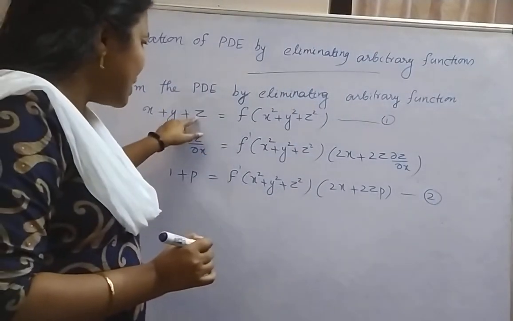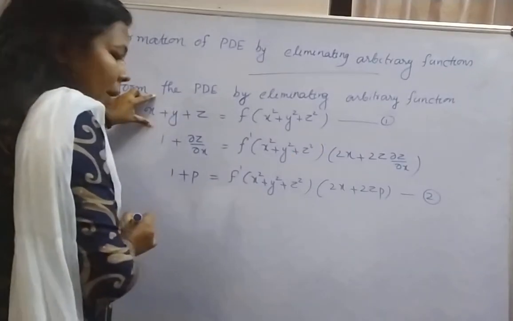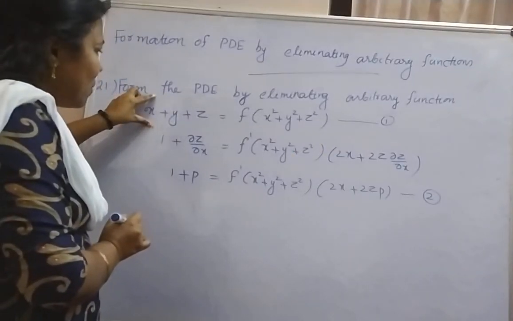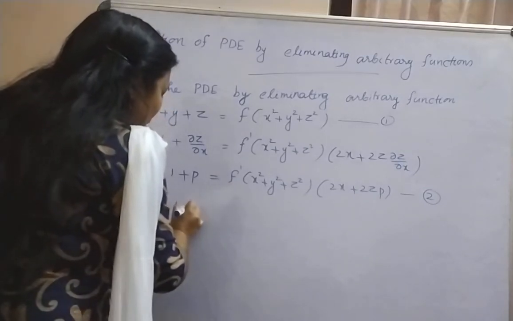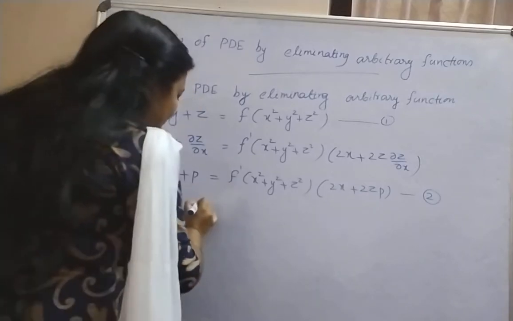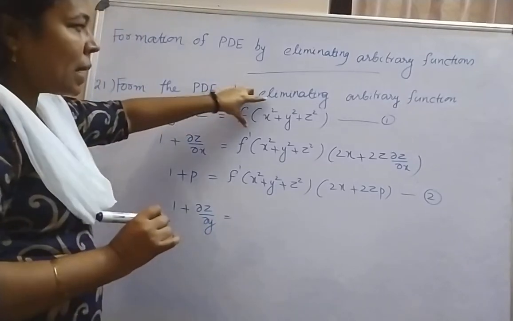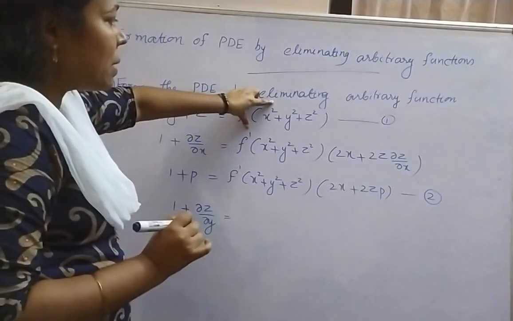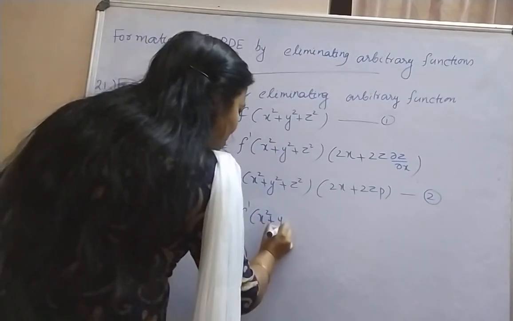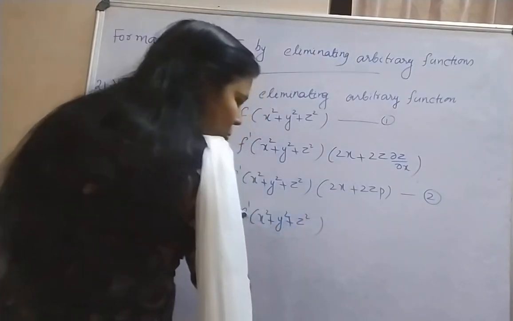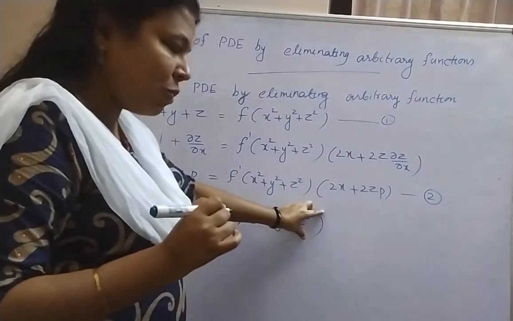Then partially differentiating equation number 1 with respect to y. That will become: partial derivative of x with respect to y is 0. Partial derivative of y with respect to y is 1. Partial derivative of z with respect to y is dou z by dou y, equal to the partial derivative of f of x square plus y square plus z square, which is f dash of x square plus y square plus z square, into the partial derivative of x square plus y square plus z square with respect to y.